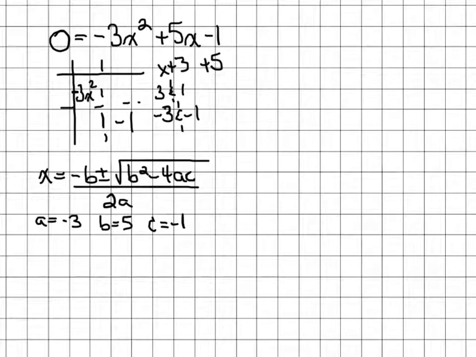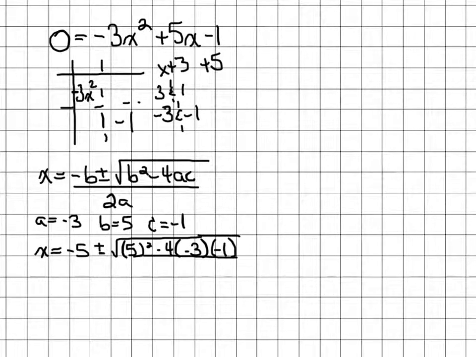So I have x equal to minus b, which is minus 5, plus or minus the square root of b squared, which is 5 squared, minus 4 times a, which is negative 3, times c, which is negative 1, all divided by 2 times negative 3.